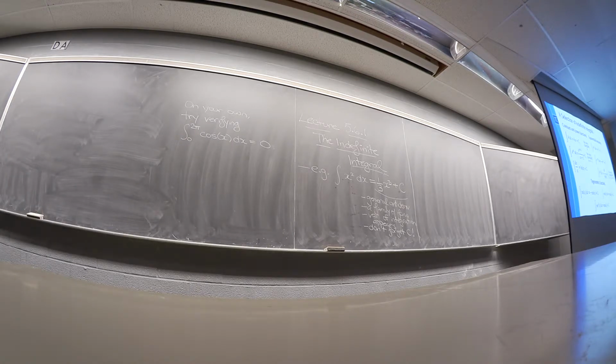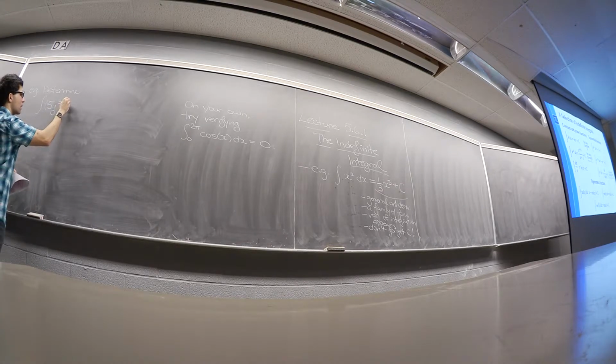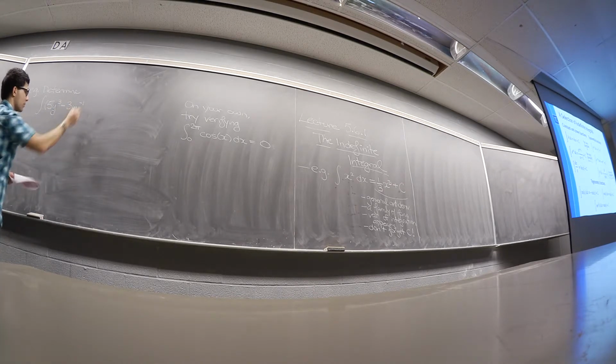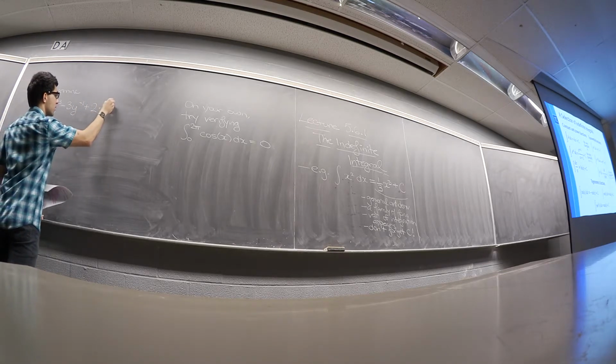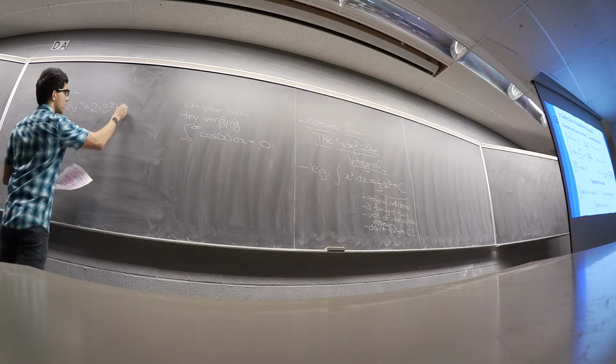Okay, example. Again, nothing new. Determine the indefinite integral of, let's call it something else, 5y cubed minus 3 over y, I'll write it like that, plus 2 times 3 to the y, with respect to y.